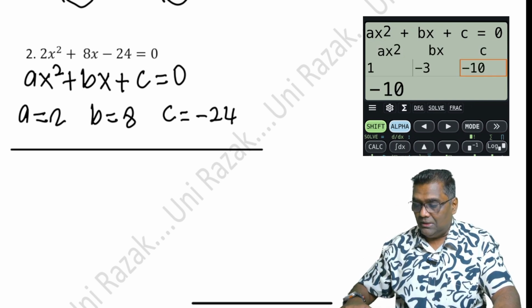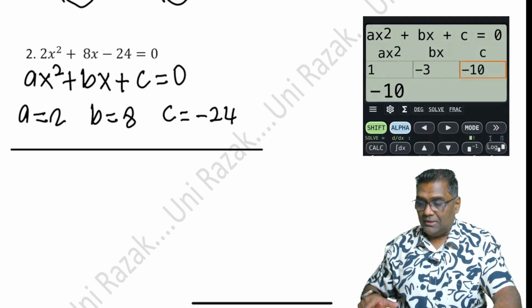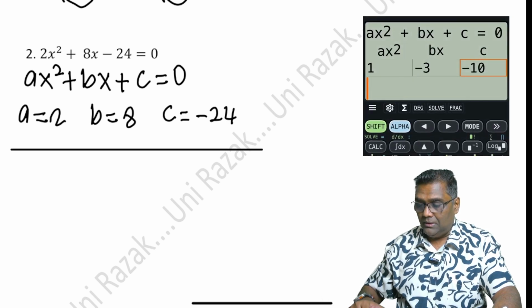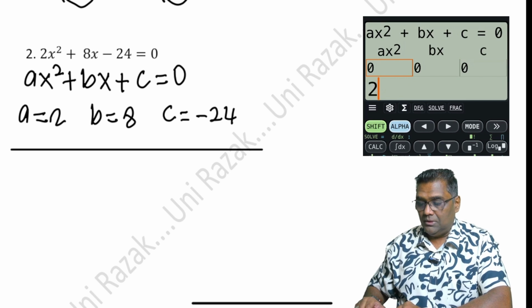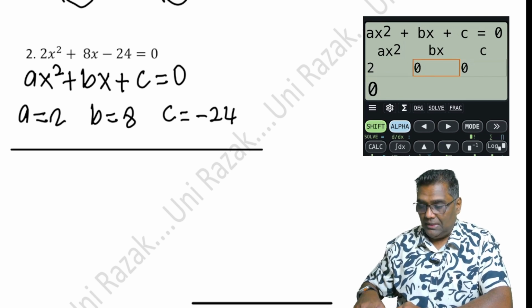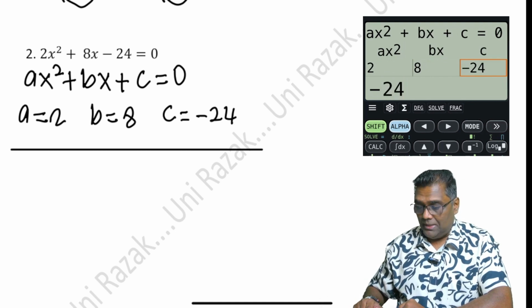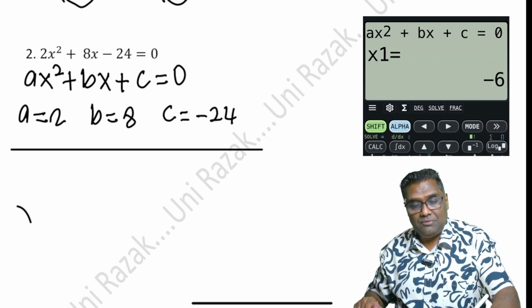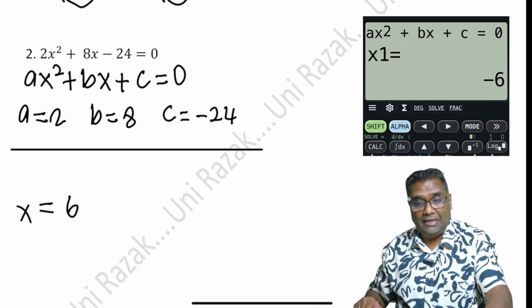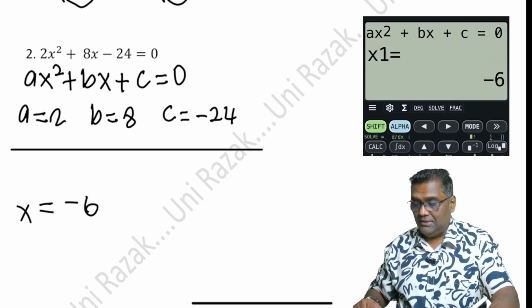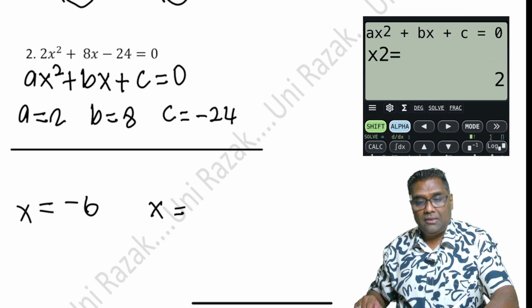We go to the calculator mode, quadratic. I put in one by one. So let me clear everything. So a 2 equal, b 8 equal, c negative 24 equal. So when I press the calculator, it gives me the first answer, which is, sorry, negative 6. And the next answer, which is 2.